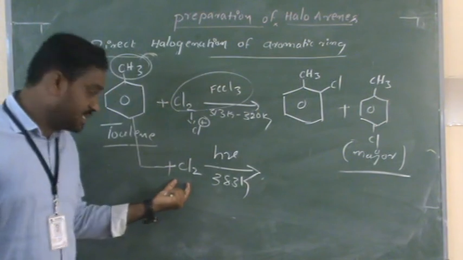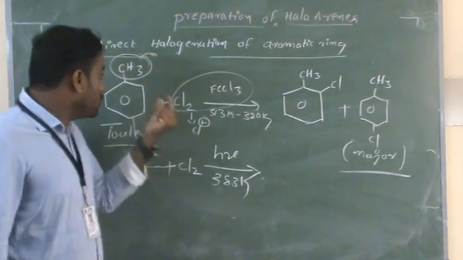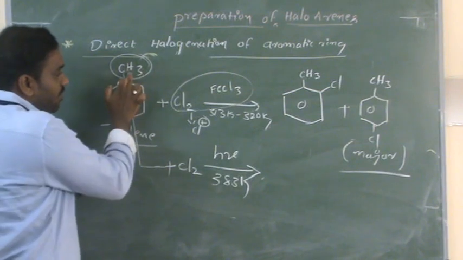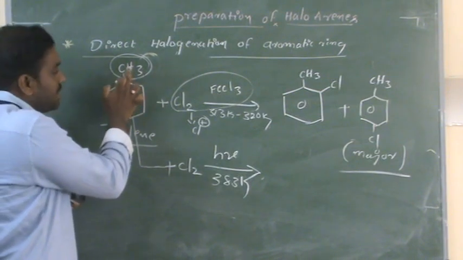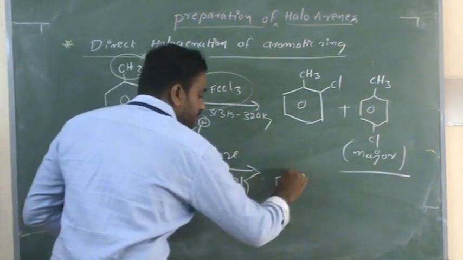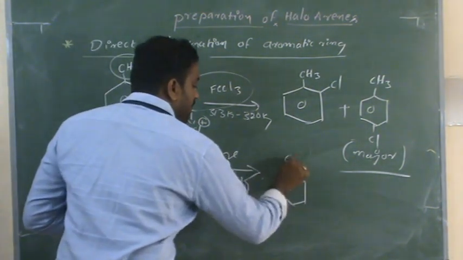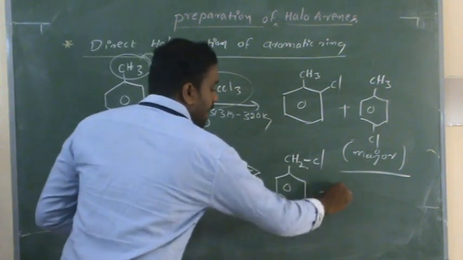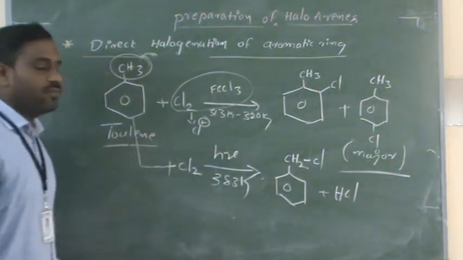But in this case, the halogen attacks the side chain. This is the aromatic ring, and this I can call the side chain. The Cl attacks the side chain. One hydrogen is removed, one Cl attacks, and the remaining H and Cl are removed in the form of what?